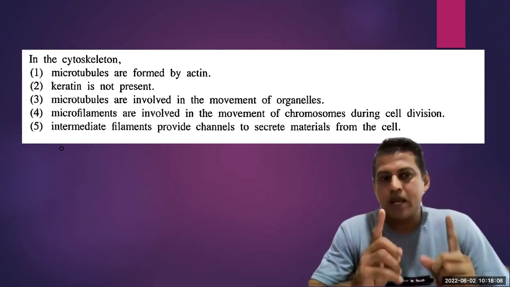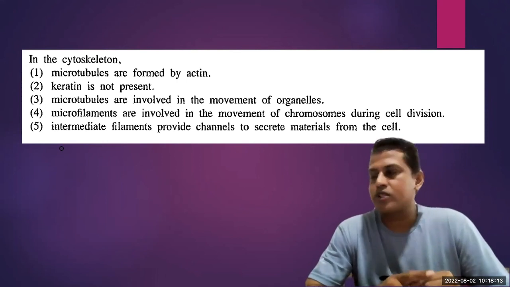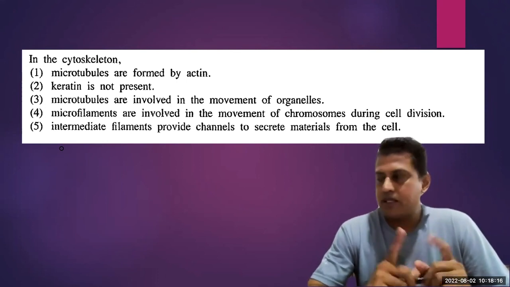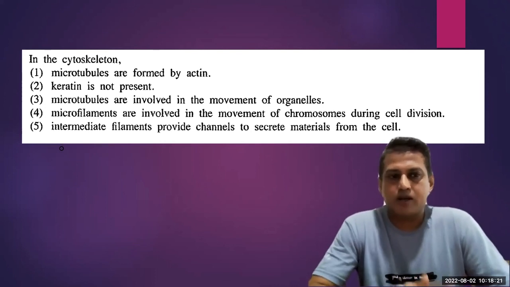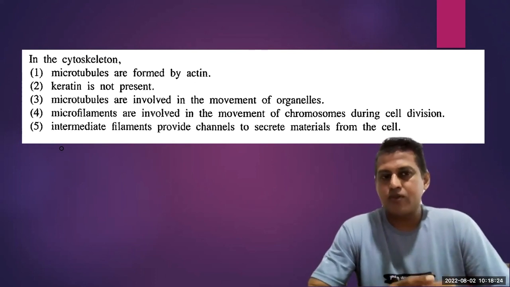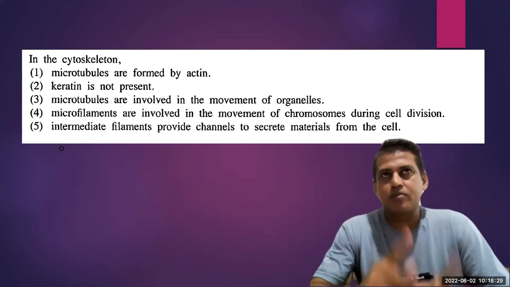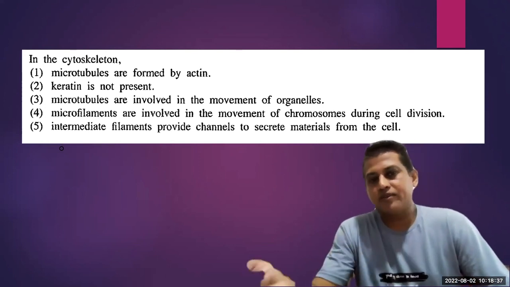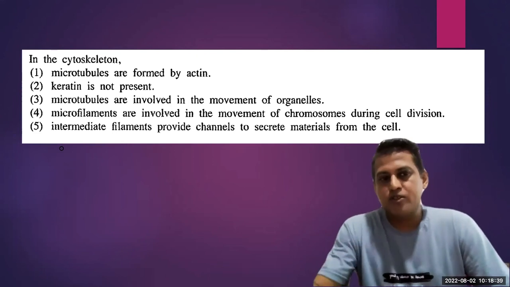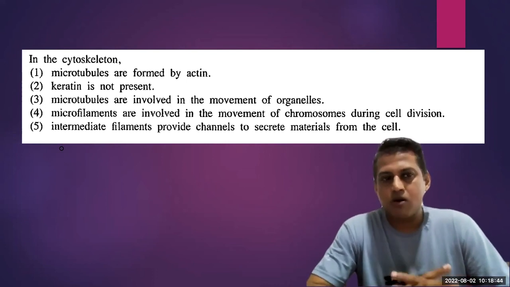Now, the first one is microtubules. The first type of cytoskeleton is microtubules. And we learned microtubules are made out of the protein tubulin. So we have a small help: the word tubules, tubulin. So we try to remember tubules made of tubulins. And then microfilaments are made out of actin. Microtubules made out of tubulin, microfilaments made out of actin. So then the first one is wrong.